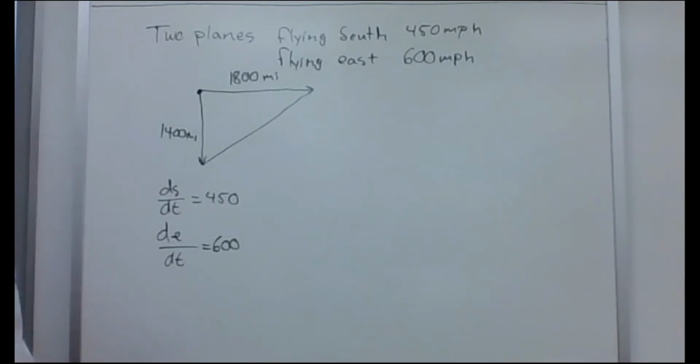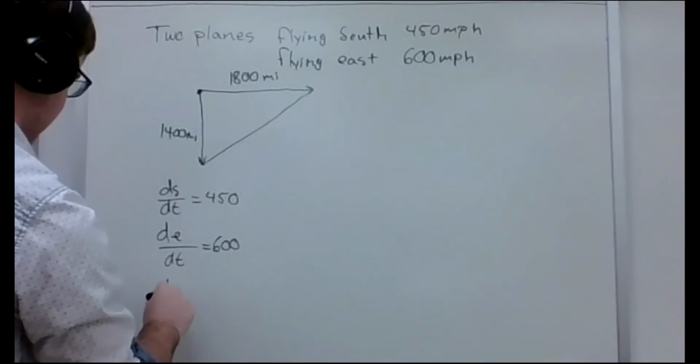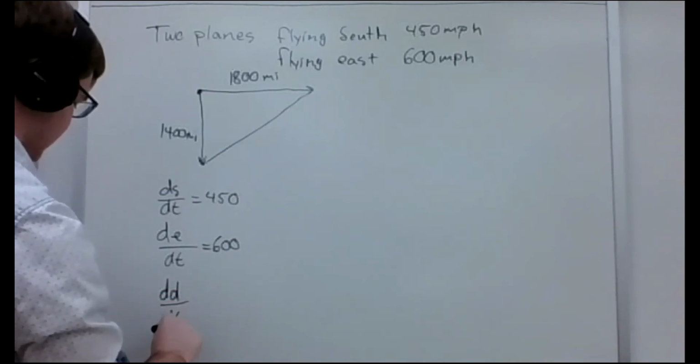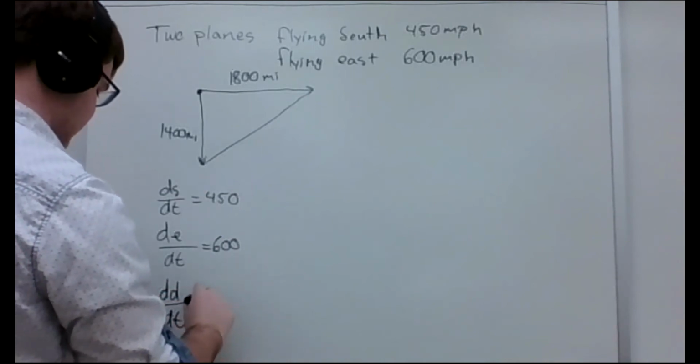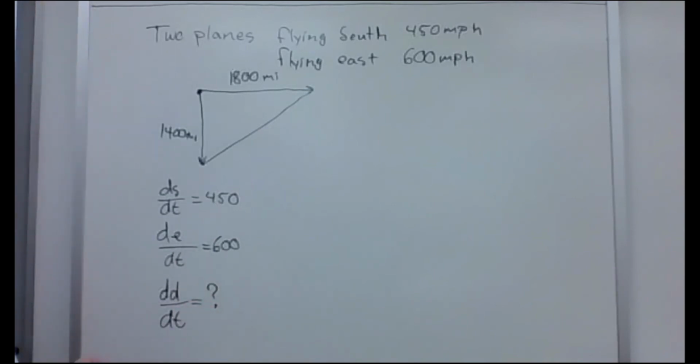And what are we looking for? We're looking for this distance. So let's just call that dD dt. We want to know how fast our distance is changing, right?